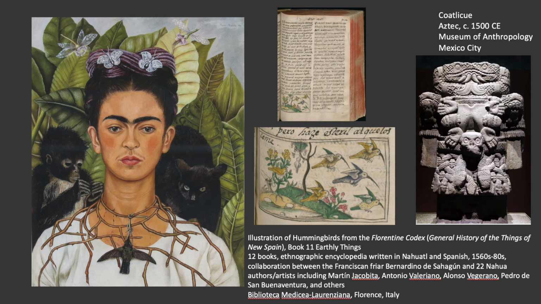So it's possible that in pricking her own skin representationally with the thorns on the vine, Kahlo is also invoking this Mesoamerican belief in human blood as a precious fluid. And Mesoamerican people believed that in order to perpetuate the cosmological cycle, in order to perpetuate the movement of the sun through the sky, the rising and setting of the sun, human sacrifice was necessary, the shedding of human blood.